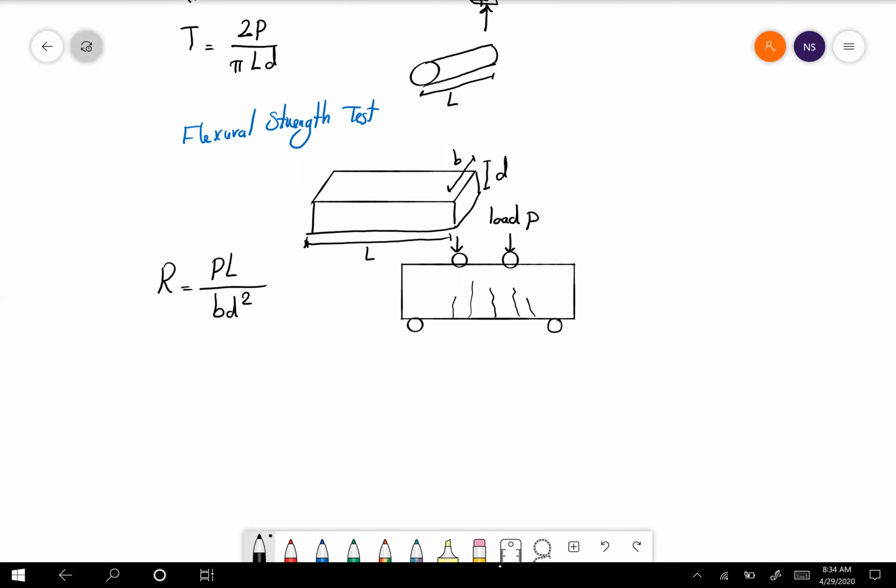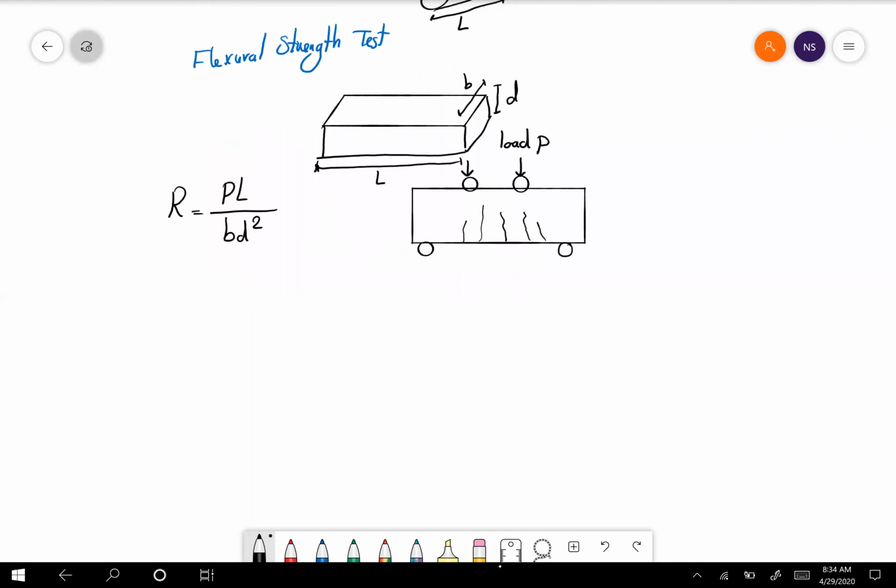And sometimes there have been studies that have correlated the flexural strength to the compressive strength of the concrete.